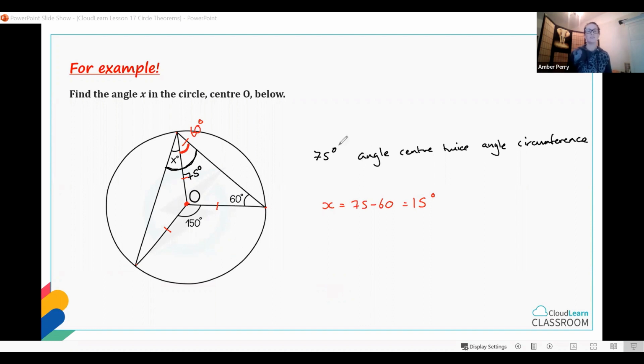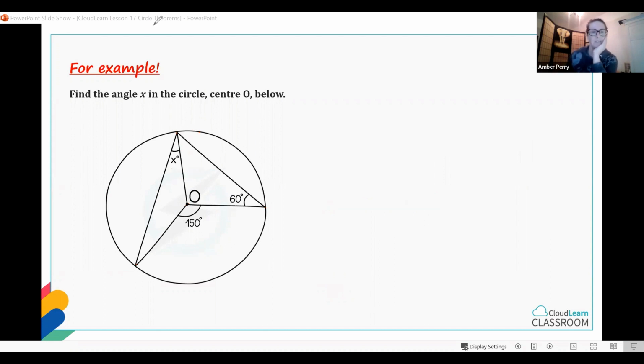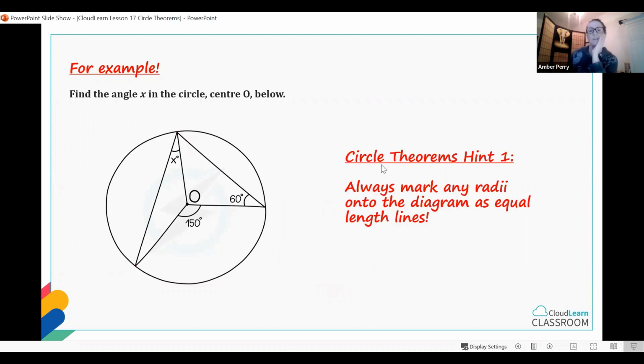Okay. So with all circle theorem questions, my big hint, circle theorems hint number one, the most important thing is to look for radii, that's the plural for radiuses, and mark them on the diagram as equal length, okay? So I can see 3 radiuses on this diagram.